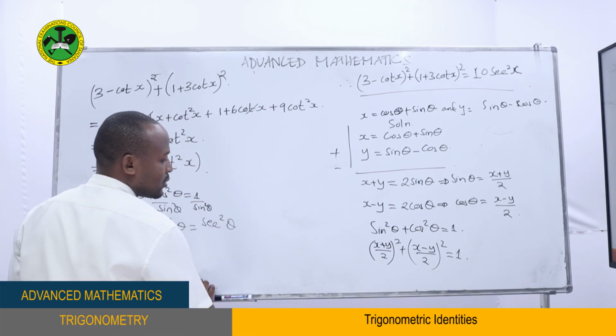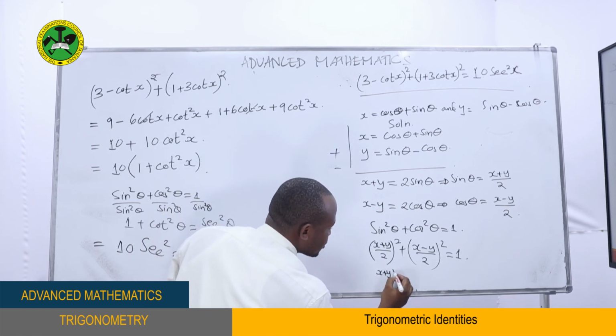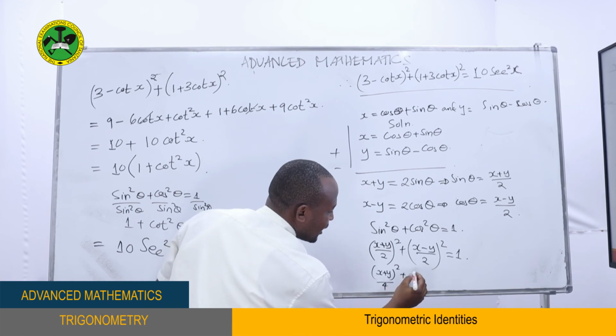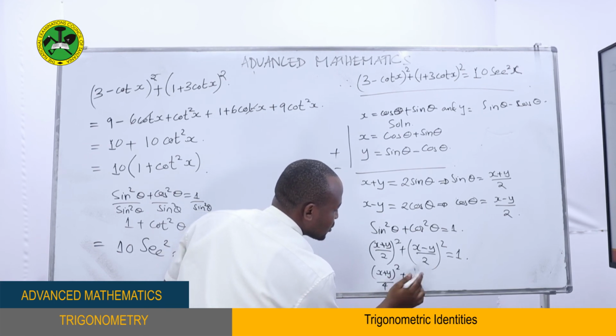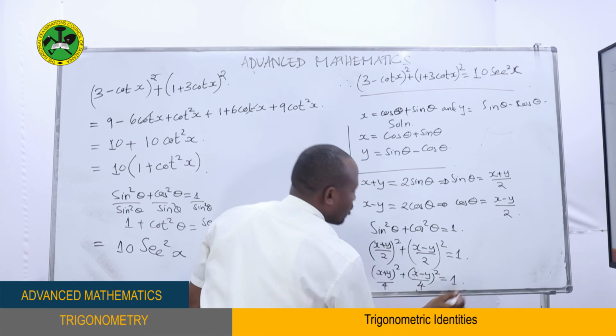Let's simplify that more. That means (x plus y) squared over 4 plus (x minus y) squared over 4 is equal to 1.